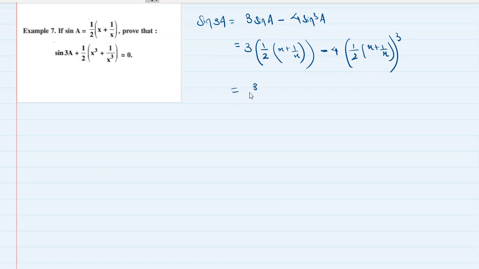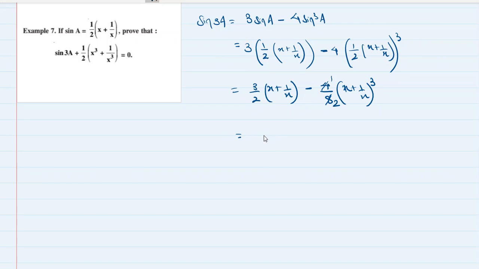So this will become 3 by 2 x plus 1 by x minus, so what we'll do is we'll cube 1 by 2. 1 by 2 cube will become 1 by 8, and then this 4 will be multiplied inside, so it will become minus of 4 by 8 times x plus 1 by x, the whole cube. This will become 1 by 2.